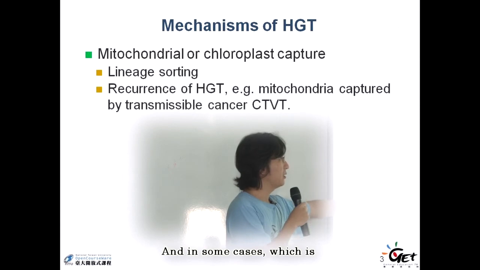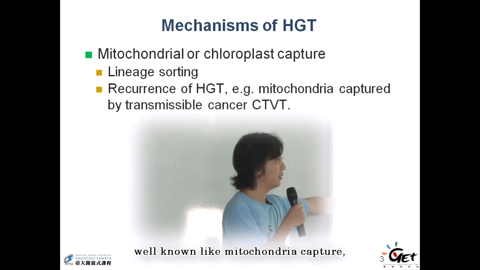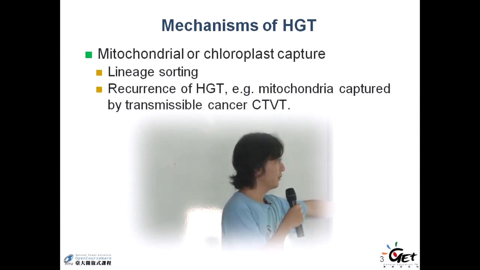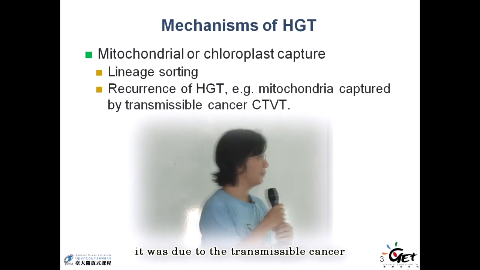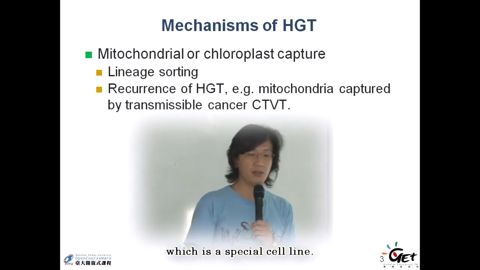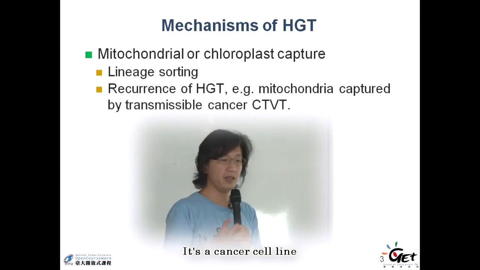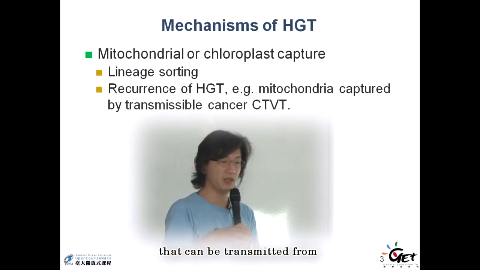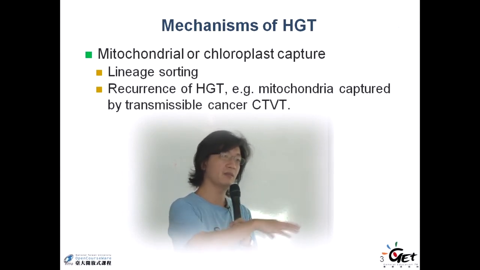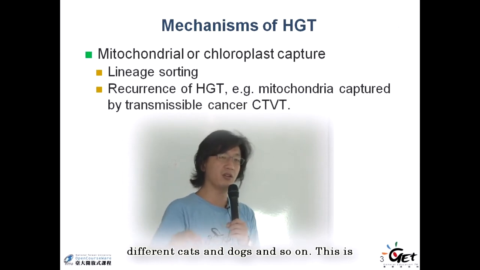In some well-known cases, like mitochondria capture, it was due to the transmissible cancer, which is a special cell line. It's a cancer cell line that can be transmitted between different cats and dogs and so on.